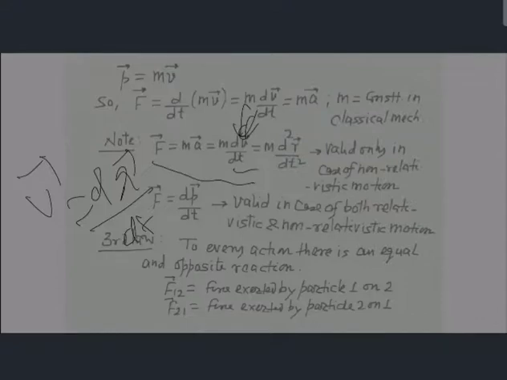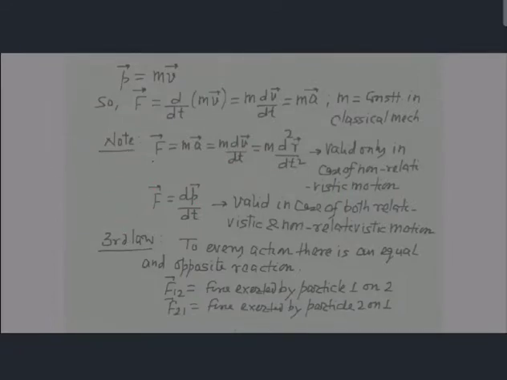The differentiation comes 2 times, so it becomes d2r by dt2, double differentiation. The double differential of position vector with respect to time is basically acceleration. So this is for non-relativistic motion, and the other is valid in case of both relativistic and non-relativistic motion.